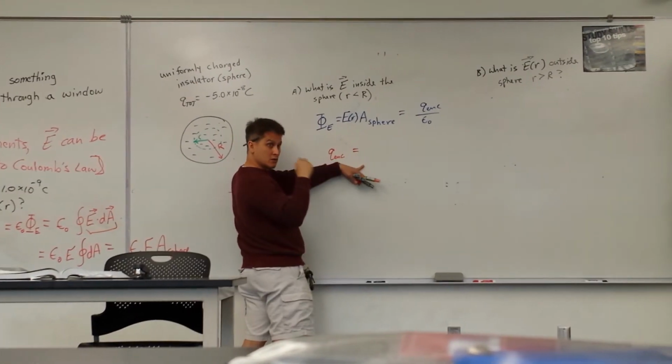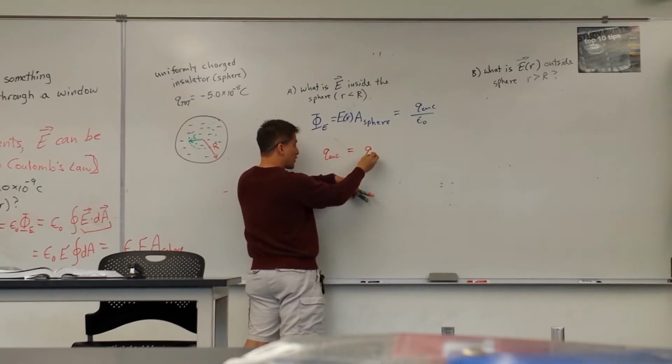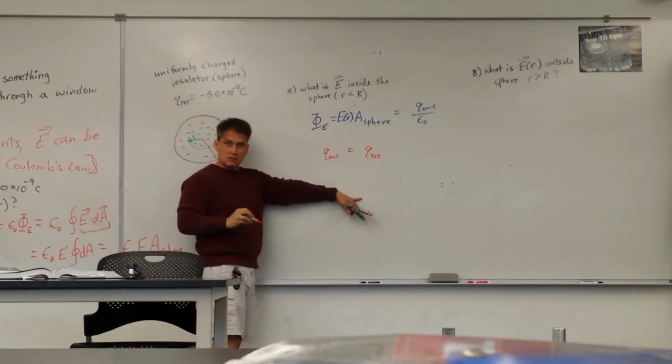To calculate Q enclosed, I would take the total charge Q and multiply by the ratio of 4/3 pi r cubed to 4/3 pi big R cubed. In other words, it's this fraction of the total volume times the total amount of charge.